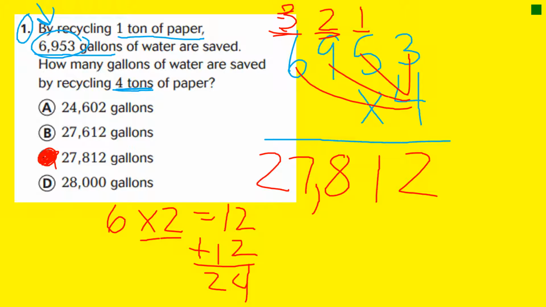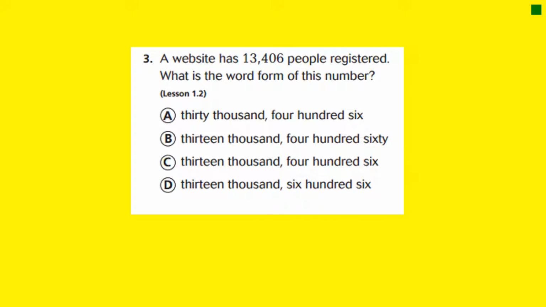Okay, let's go down the page a little bit. Let's see. We're going to do the spiral review here on number 3. And look, boys and girls, we are going back to lesson 2 in chapter 1. So you're going way back. A website has 13,406 people registered.